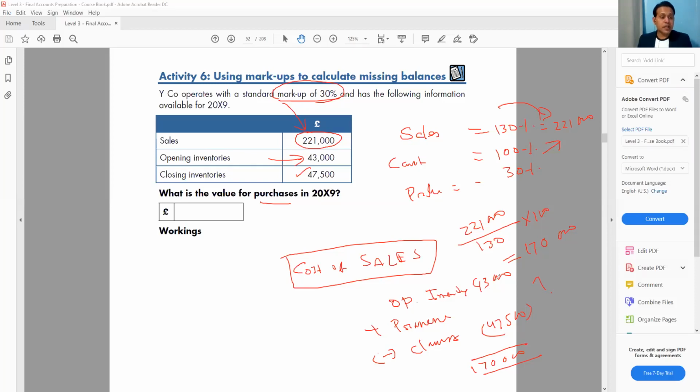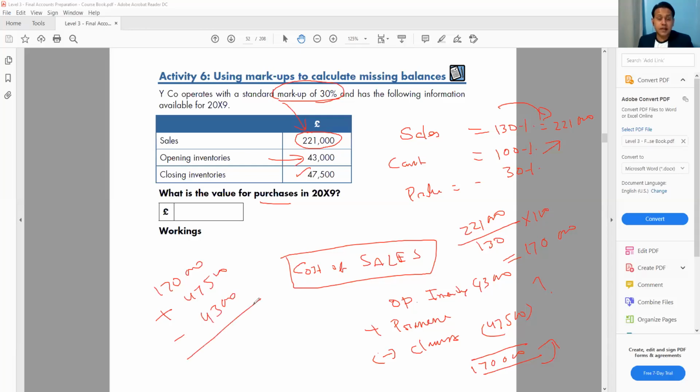Now, if you want to get it, remember, if you want to go from the bottom, you need to do the opposite. Normally, when you come from the top, we say 43,000 minus 47,500, then this will give this figure. But when you go from the bottom, you do the opposite. So you do 170,000. This is minus, so you make it plus. So you say 47,500. This is your plus, you make it minus 43,000.